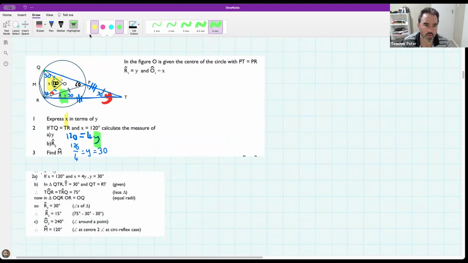So we've established that this is true. We have also established that T is 30, and now it says here, if that is 30, then TQR, give me a thumbs up if you realize why these two have to be 75. Basically, these bottom ones, I'll get rid of this because it's just too much information otherwise.